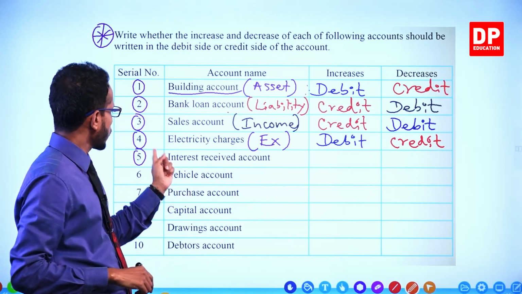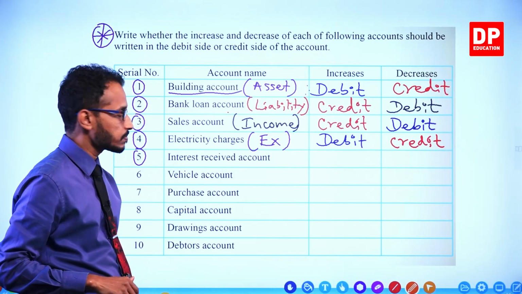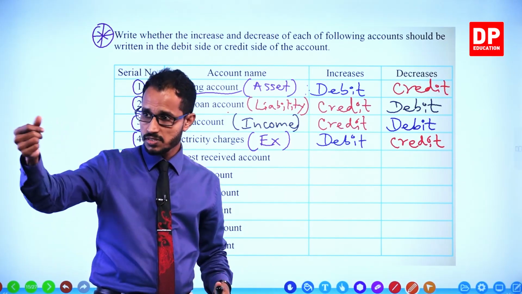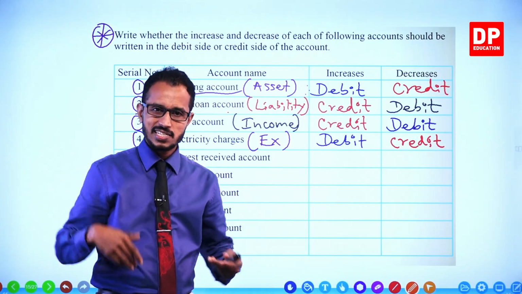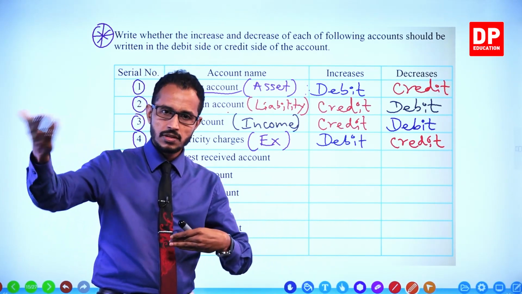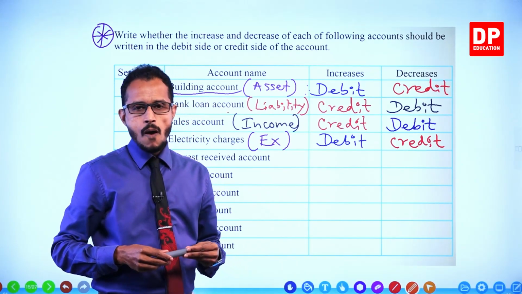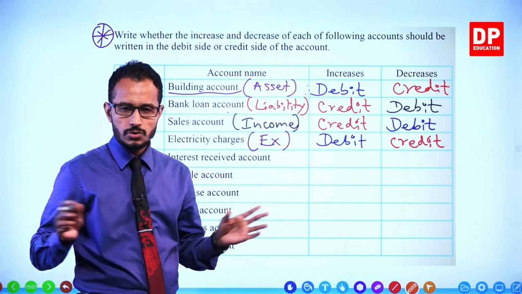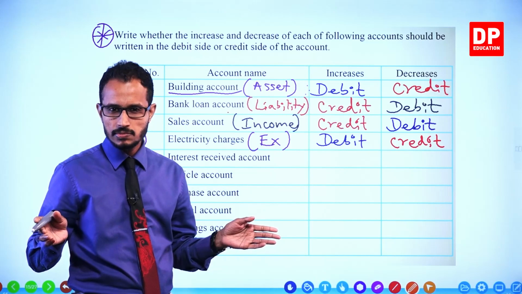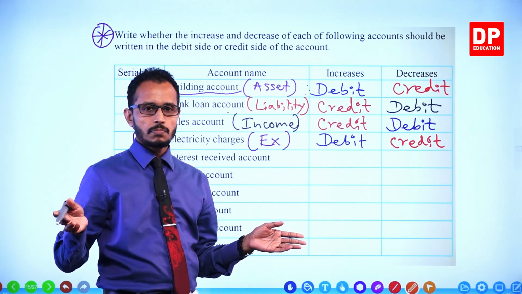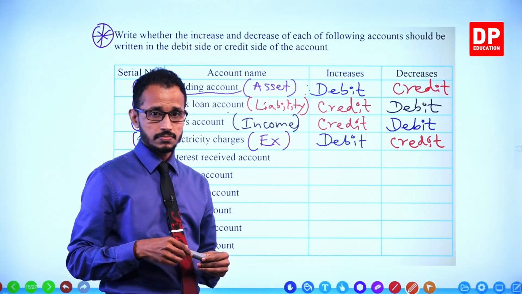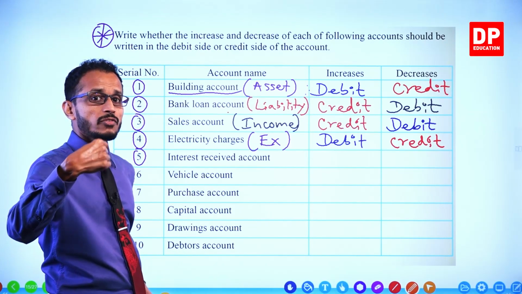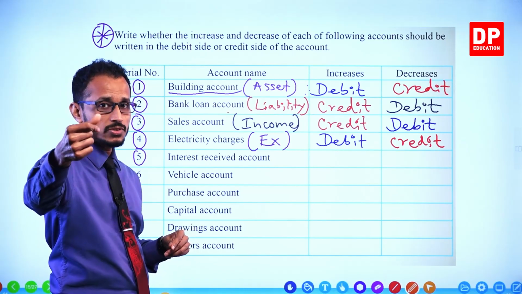Moving on. Interest received account. We are receiving interest from the bank for our deposits. The bank pays us interest. Money comes in as interest. You know what interest is, right? If you take bank loans, you have to pay the bank interest.